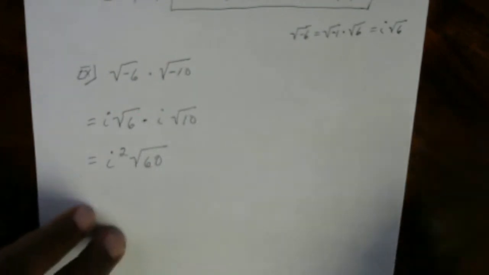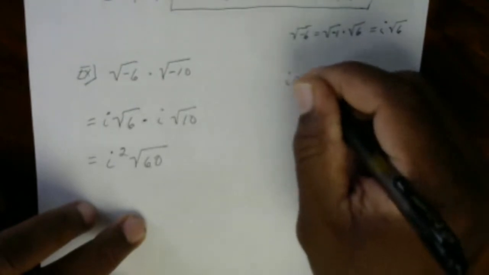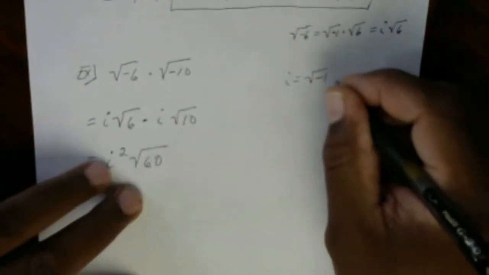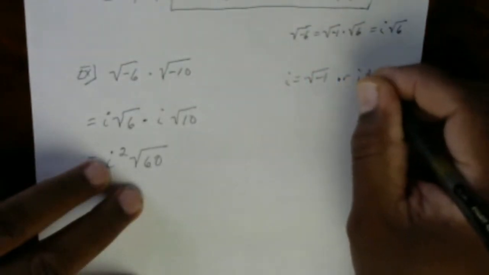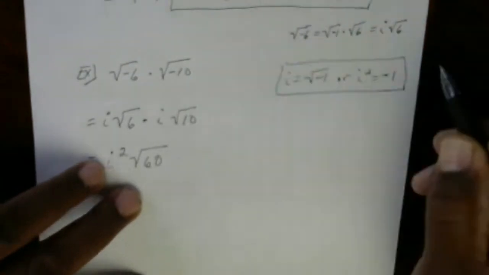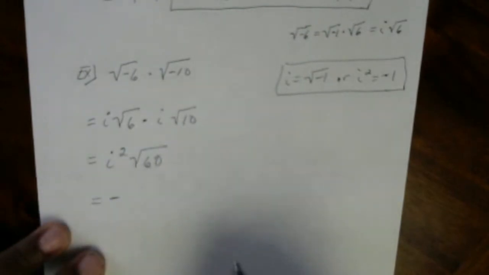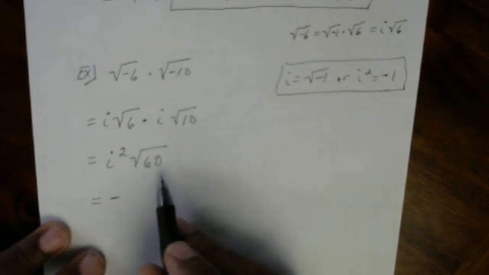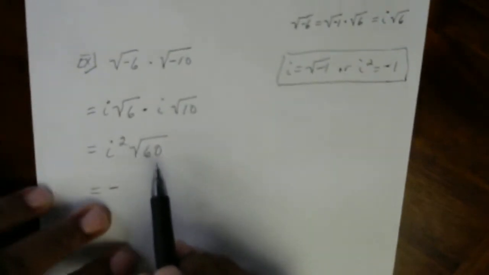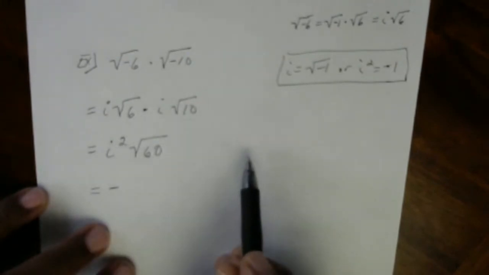From our formulas for complex numbers, we had i is equal to the square root of negative 1, and then we also had i squared is negative 1. So I can rewrite i squared as a negative. Remember that all radicals must be simplified. So the 60, I can rewrite as 4 times 15.